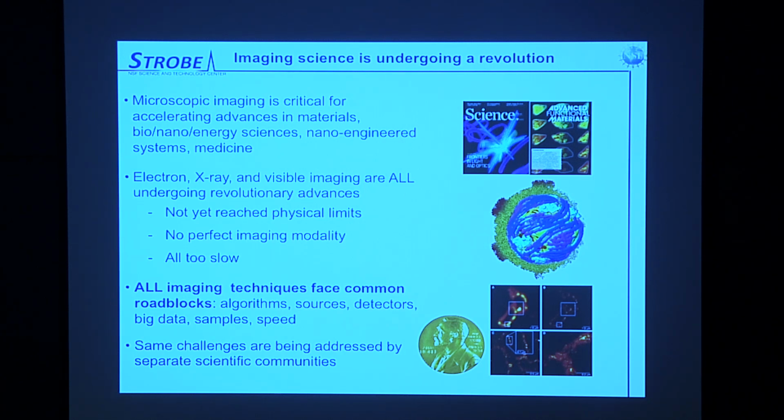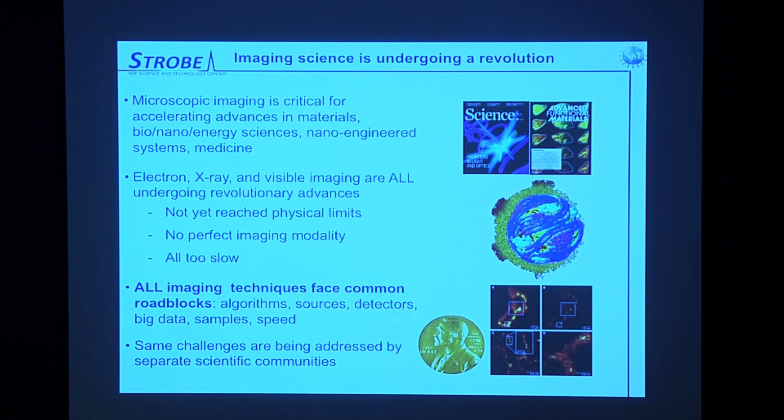It was a case where the same challenges were being addressed by completely different scientific communities, because usually, as Marcus Raschke, who's in my department, would say, it was the electron imager saying, this is my image of the sample, and this is right because electron imaging is better. And then the X-ray folks would say, well, this is my image of the sample, and it's right because X-ray imaging is right.